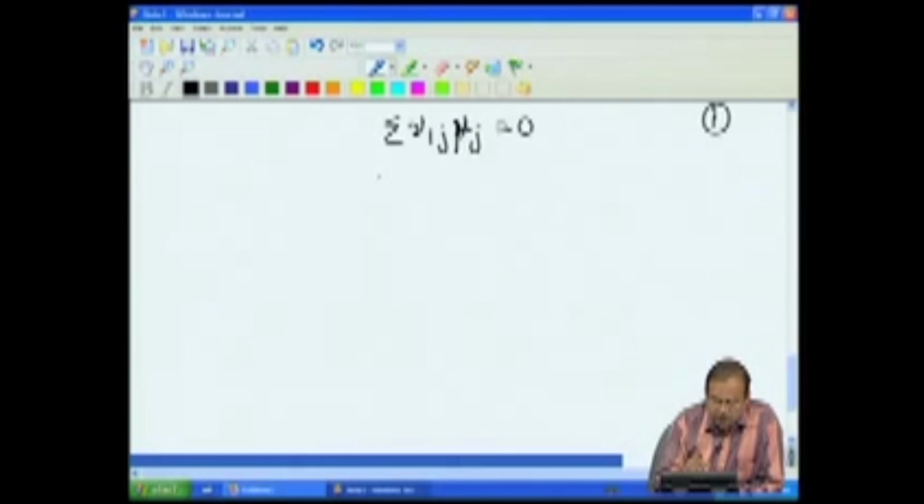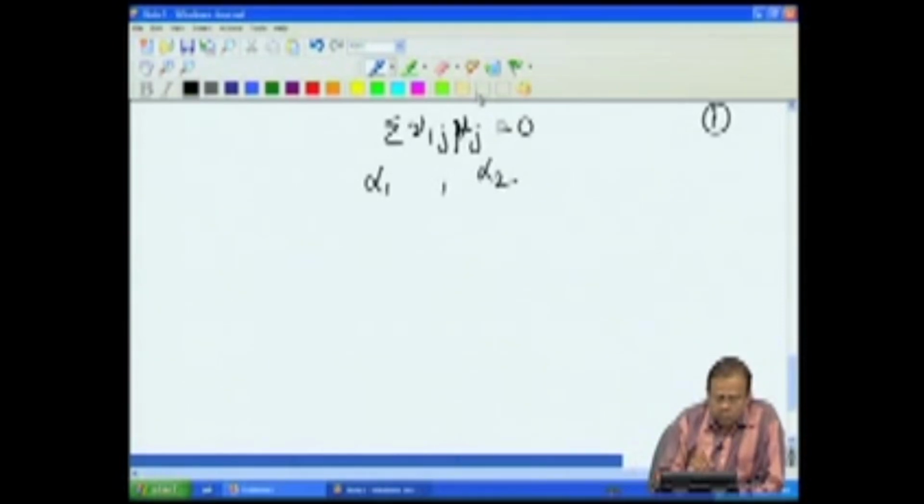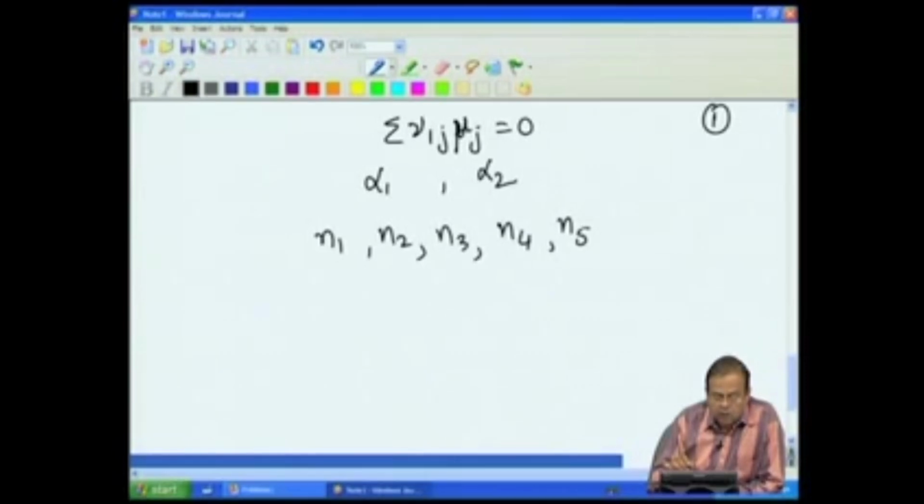So, let us say that alpha 1 and alpha 2 are two extents of reactions, and we can write the number of moles of species 1, 2, 3, 4 and so on, N1, N2, N3, N4, N5, 5 species. How will we write?